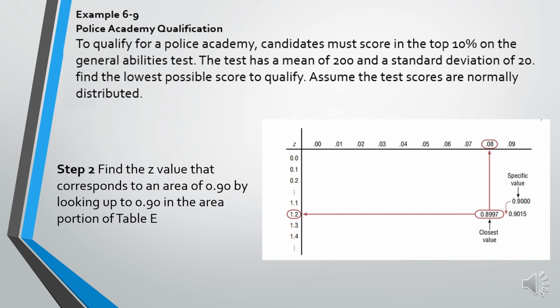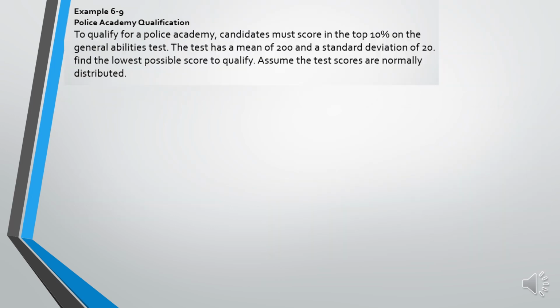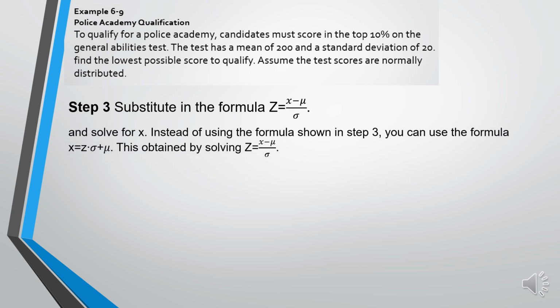The corresponding z-value is 1.28. Step 3. Substitute in the formula z is equal to value minus mean all over standard deviation, and solve for x. Instead of using the formula shown in step 3, you can use the formula x is equal to z times standard deviation plus mean. This is obtained by solving z is equal to value minus mean all over the standard deviation.